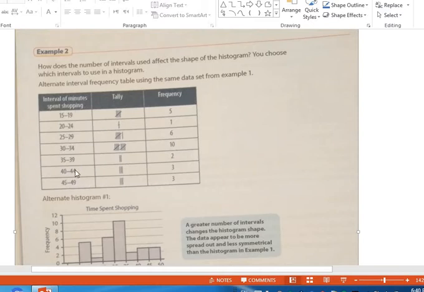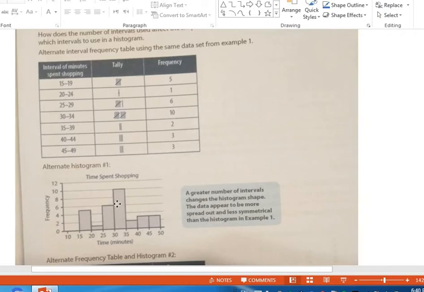So here I have added other intervals. From 15 to 19, it gave me the same 5. From 20 to 24, just 1. 25 to 29, 6. 30 to 34, 10, and so on.